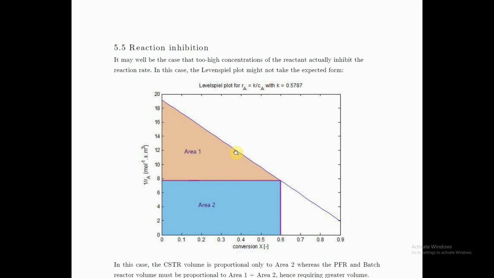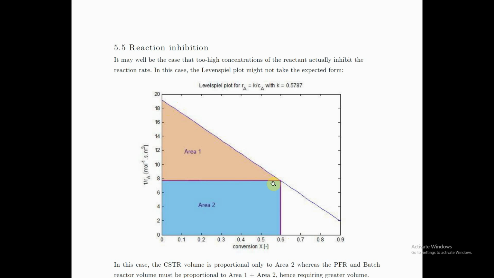But in the specific case where your reaction rate is going down with your concentration, then if you plot 1 over RA against X, you have this form. Now, this would be a case where the CSTR actually has an advantage. So let's say you've got your 60% conversion, and for the PFR and the batch reactor, the area under the Levenspiel curve is proportional to the volume.